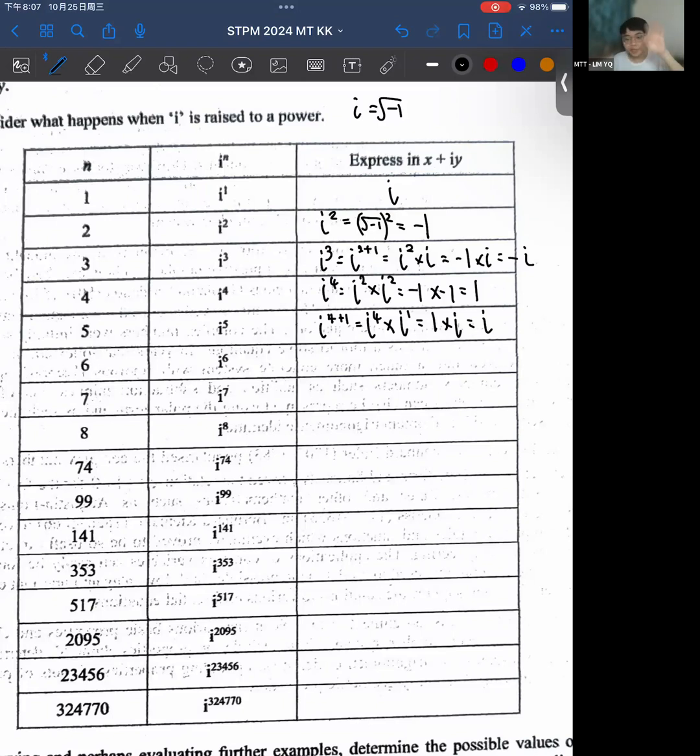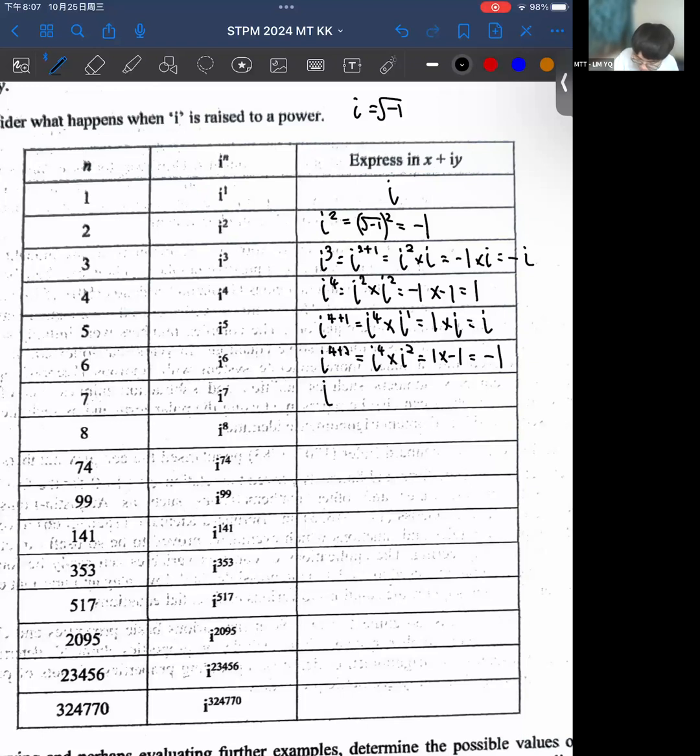You take out 4 for the rest of the cases. So let's say i power 6, you make it 4 plus 2. i power 4, look at your previous result, is 1, and i power 2 is -1.